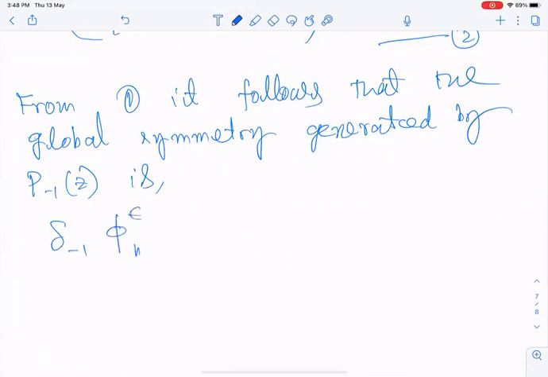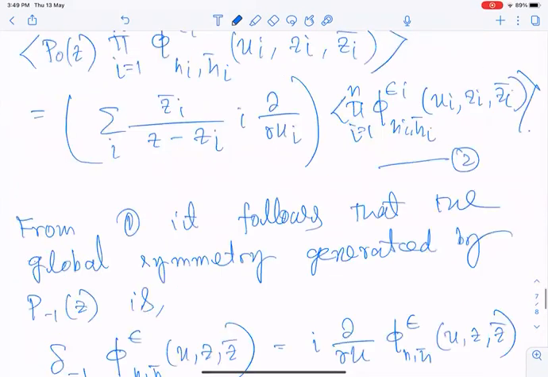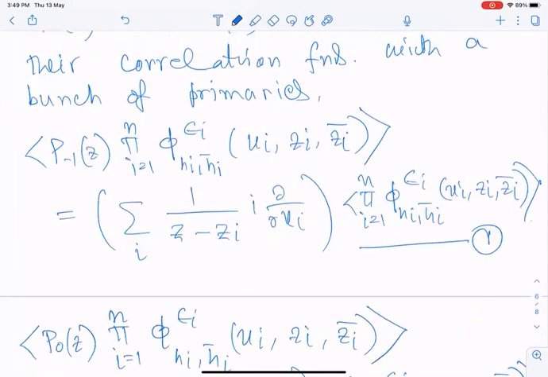phi_{epsilon}(u, z, z bar). So that is given by some i del_u phi_{epsilon}(u, z, z bar). Okay, so that is the residue at the pole, because i del_u is there.